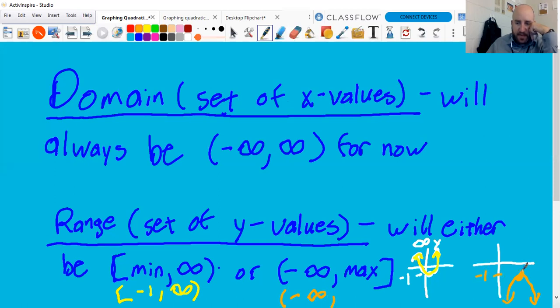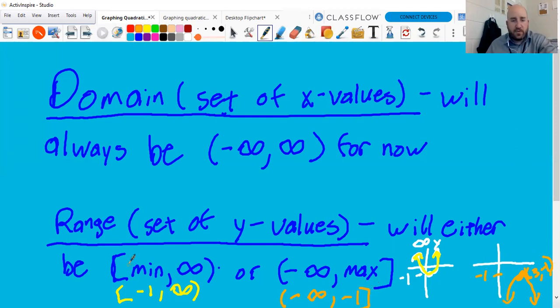The highest Y value is negative 1. I'll say my vertex is 3, negative 1. There we go. But again, all I care about is my Y value. So both ends go down to negative infinity. The highest it goes is negative 1.